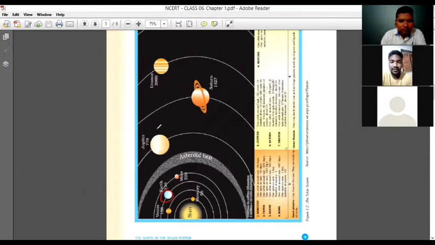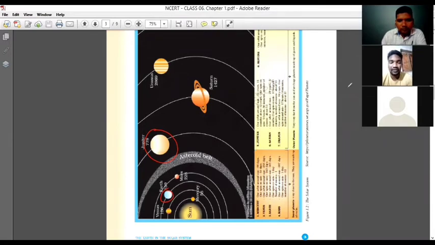Jupiter. And there are other celestial bodies. A star is also a celestial body, and there are satellites that move around the planets.